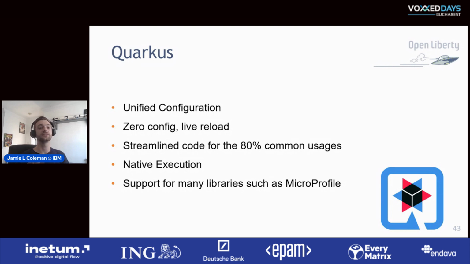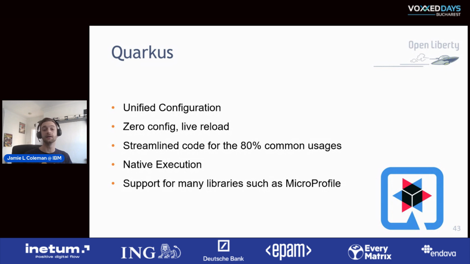Quarkus allows you to use things like GraalVM to do native execution, to get really, really fast startup times. This is why GraalVM is really cool, because for functions as a service, where you need it to come up, do a function and shut down very quickly, that's when the native execution really shows how good it is. But if you have really long running applications, then there are trade-offs.